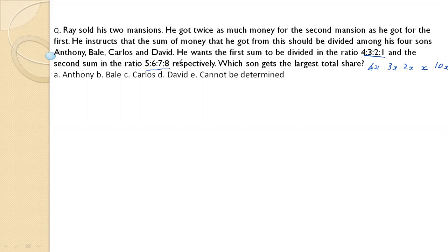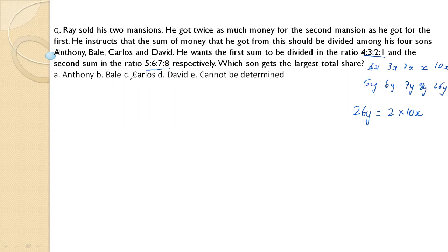And the second sum, you would have taken 5y, 6y, 7y, 8y, the total being 26y. And you also know that the second sum is twice as large as the first sum. So 26y is 2 times 10x. That will give you the relation between x and y.